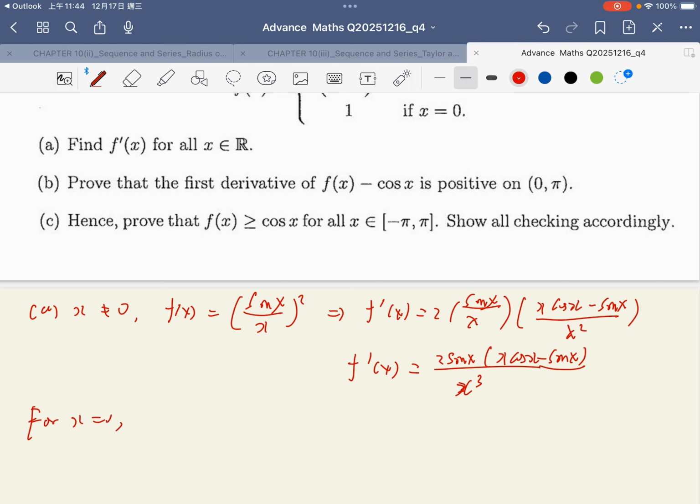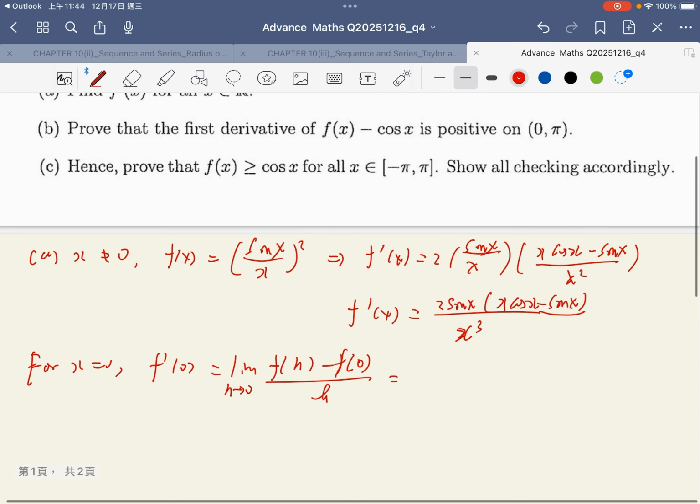For x equal to 0, we have to use the first principle. That means we have to calculate the limit as h tends to 0 of (f(h) minus f(0)) over h, by the definition of the first principle.